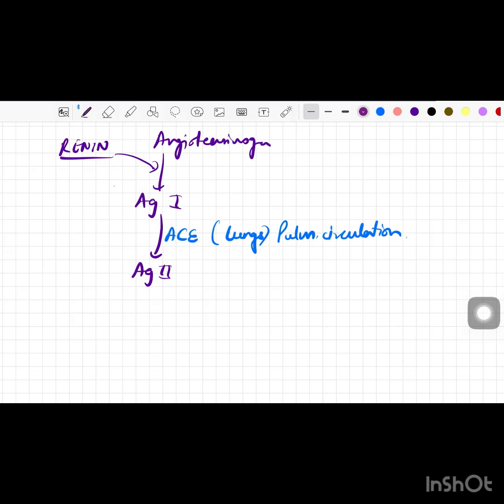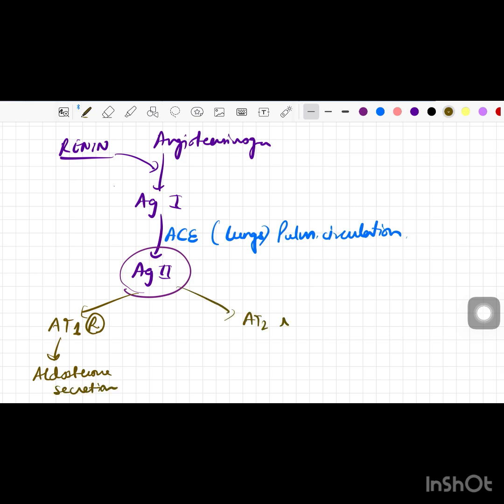After that, angiotensin 2 binds with the angiotensin 1 receptor, and this causes secretion of aldosterone. It also binds to the angiotensin 2 receptor, and this receptor is something different. It has action opposite to the angiotensin 1 receptor.